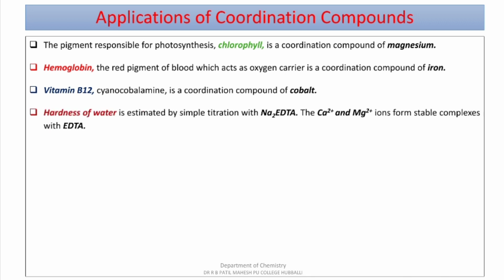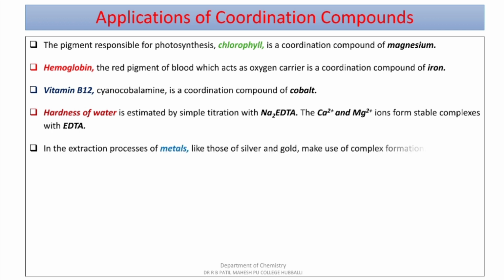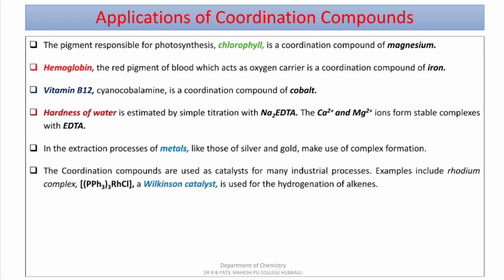Also, the softening of hard water can be done by using the EDTA complex, a simple titration with Na2EDTA, which exchanges Ca2+ and Mg2+ with Na+ ions. These coordination complexes are also used in the extraction processes of metals like silver and gold, which can make coordination complexes.